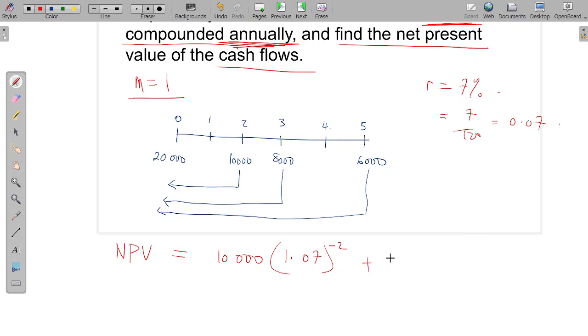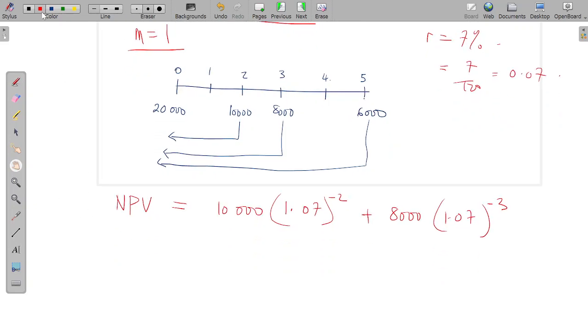Plus 8,000 into 1.07 raised to power negative 3. Then plus 6,000 into 1.07 raised to power negative 5.